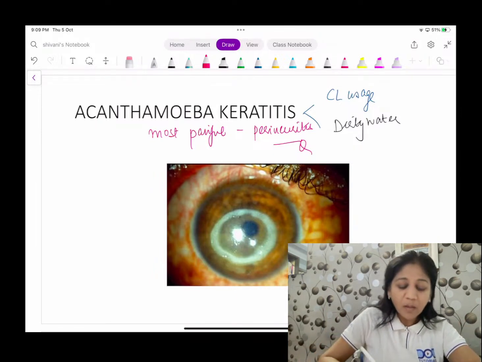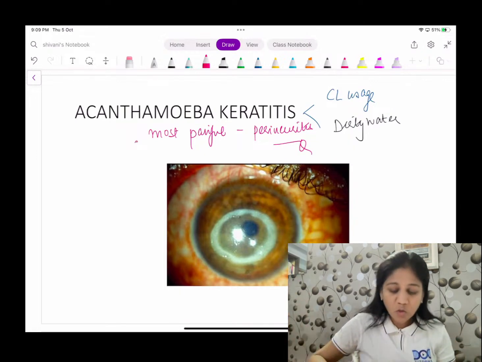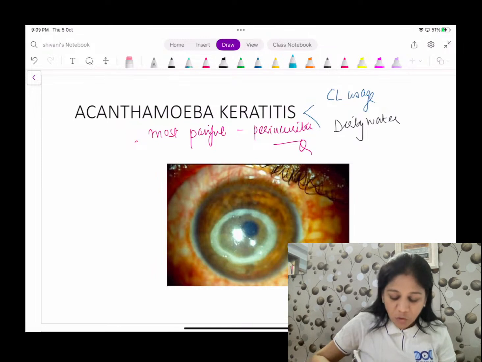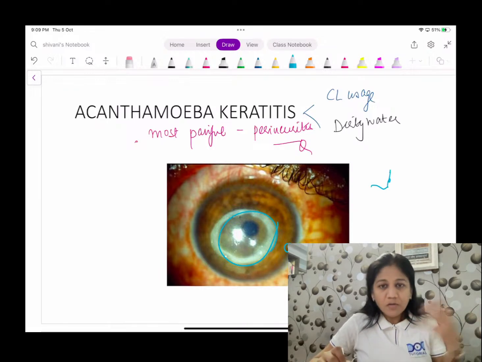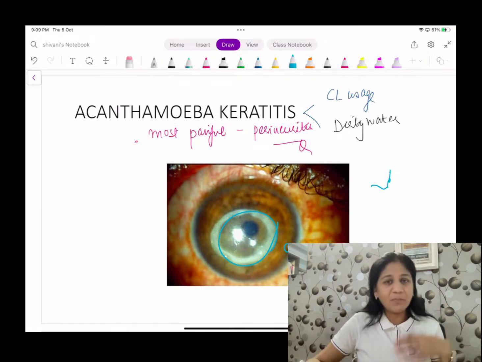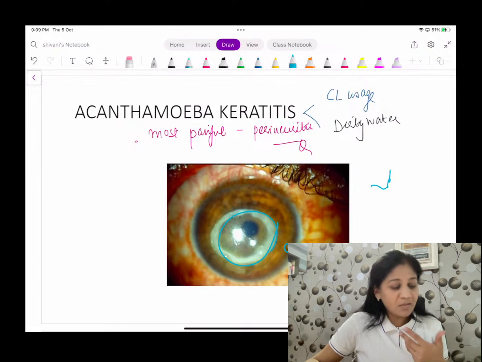Okay, now it's difficult to diagnose because it mimics other ulcers. It may show you satellites, it may show you a ring-like fungal ulcer. Sometimes it behaves like a pseudodendritic ulcer. So you know, it mimics other ulcers. It sometimes behaves like herpes, it behaves like viral, fungal, etc. So it does not have its own characteristic feature.